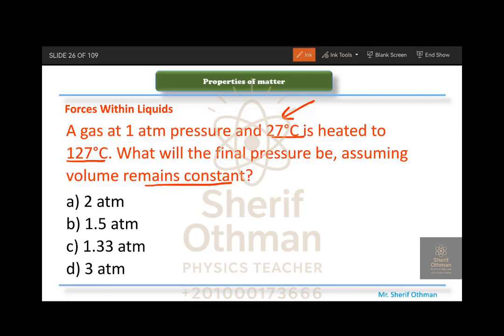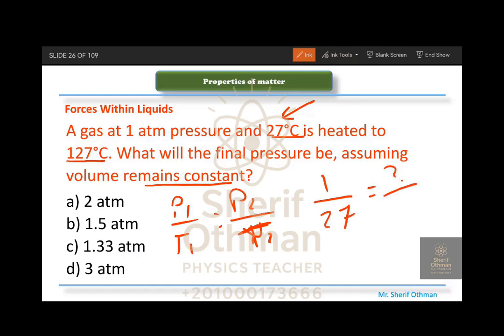So, volume is constant, and I'm dealing with P1 over T1 equals P2 over T2. P1 is 1 over 27 equals P2 over 127.